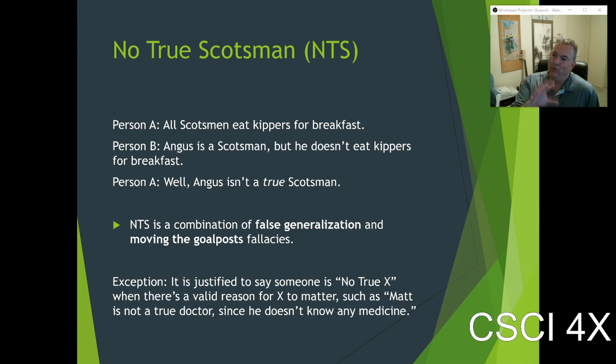The rhetorical trick on person A's part is to discount Angus as being an actual Scotsman. I'm saying all Scotsmen eat kippers. Well, here's Angus, he doesn't eat kippers. Well, that makes him not a Scotsman. He might live in Scotland, but he's not a true Scotsman, because a true Scotsman would eat kippers for breakfast.